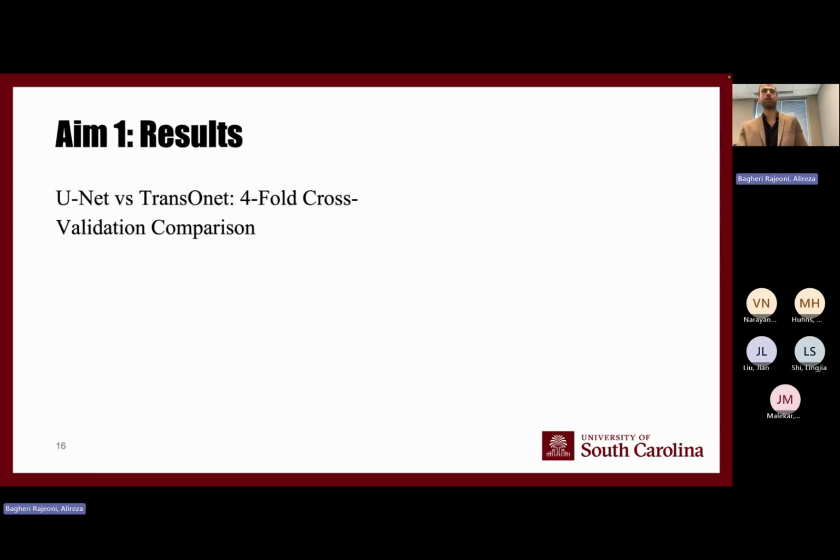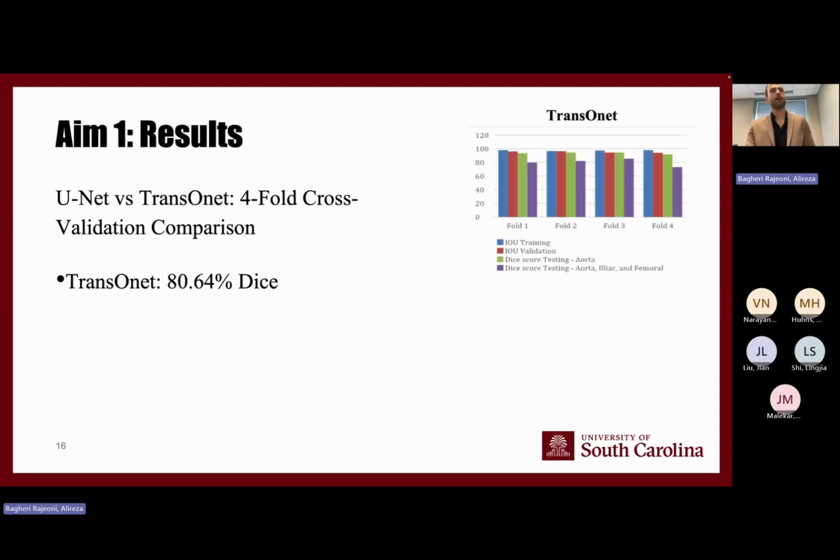So we used 4-fold cross-validation to compare these two models. And TransUNet was able to achieve 80.64% dice accuracy in the 4-fold average of all the folds. So what we are looking at here, this number is extracted from the average of the purple bars.